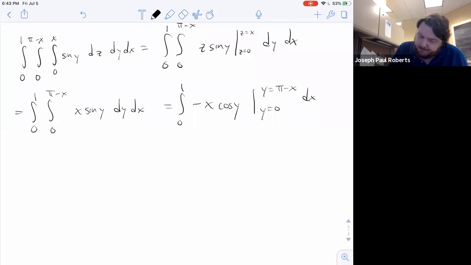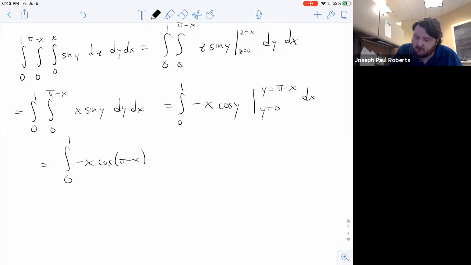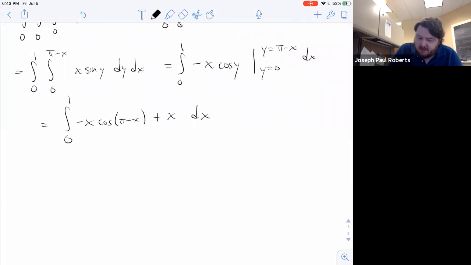And so you end up getting the integral from 0 to pi of minus x cosine of pi minus x. And then if y is 0, cosine of 0 is 1, minus minus, so I'm getting plus an x. With this, you can leave it as is. Yeah, so you actually need integration by parts for this one again.